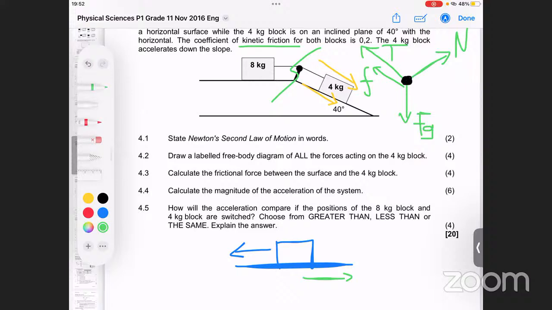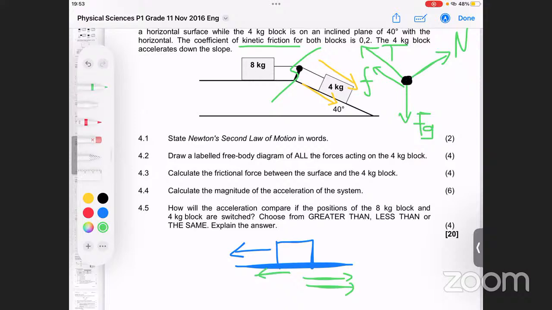So every time you come across an object, ask yourself, in which direction is it moving? Is it moving towards the right or left? If it's moving towards the left and the surface is rough or there is friction, then it's in the opposite direction. If the object is moving towards the right and they said the surface is rough or there is friction, just know it's opposing the movement, not that it is opposing the applied force.